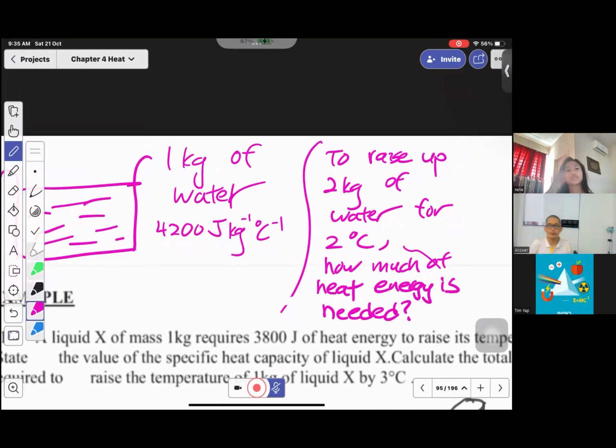Okay, find out now. To raise 2 kg by 2 degrees Celsius.